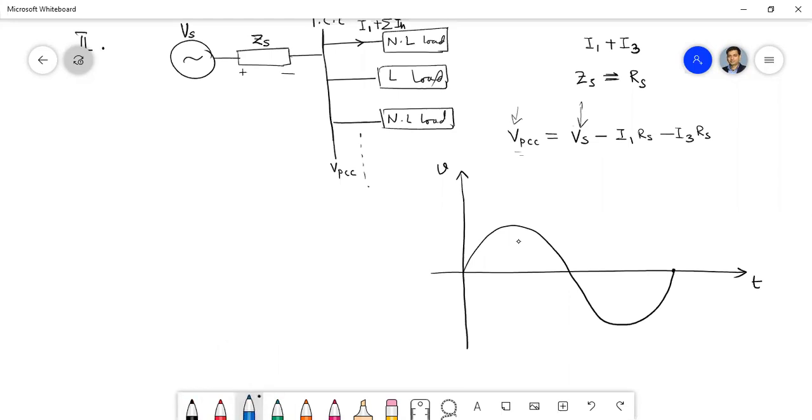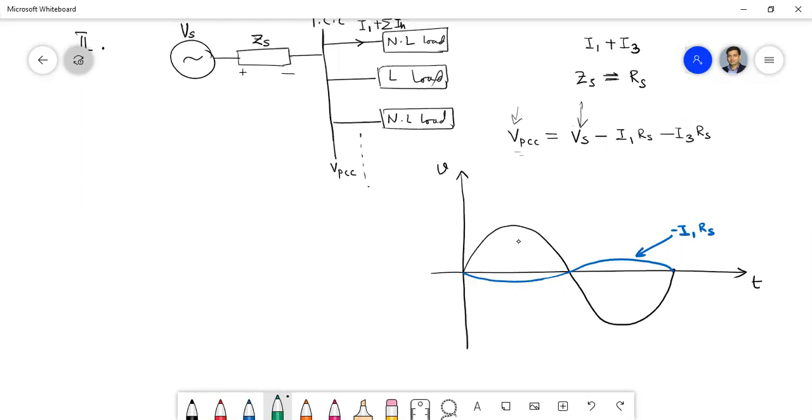That is also having the same frequency as Vs, because that is the fundamental, right? But the amplitude will be quite less because the source resistance is quite less. So the amplitude will be much less, like this. And I have taken it on the negative axis because this is minus I1 RS. So this component I have drawn for minus I1 RS.